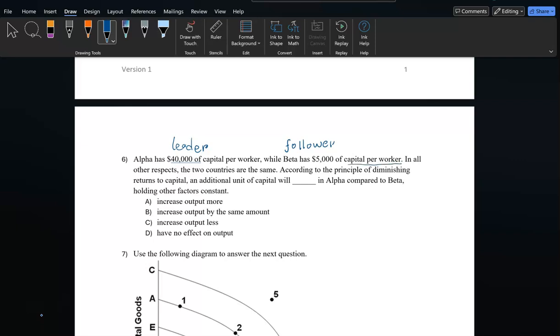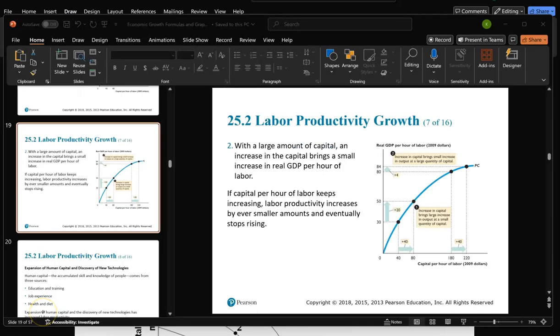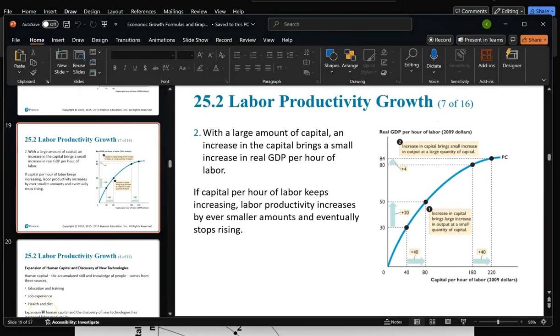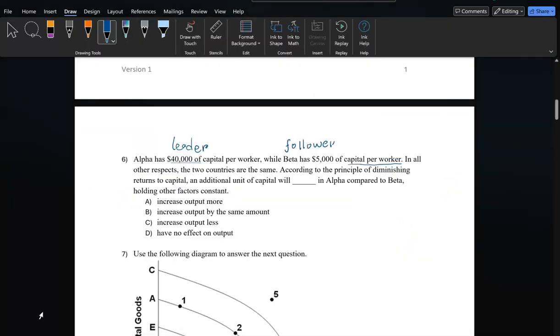This is the capital per worker in both countries. Now they're asking, according to the principle of diminishing returns to capital, additional units of capital will do what? Which country will grow faster? I want you all to look at this graph to understand and answer this question.